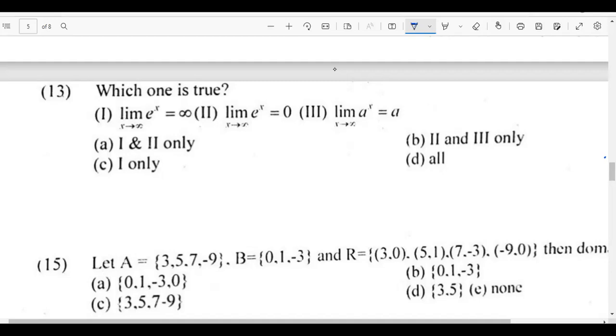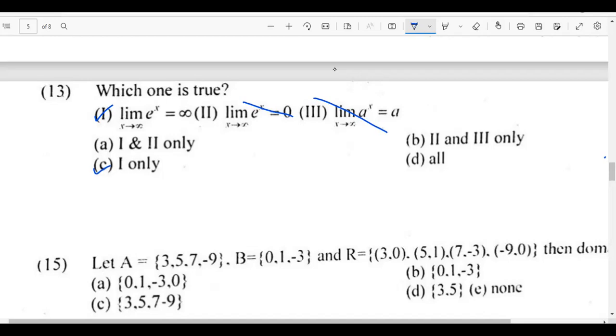One only. Very good. Excellent. This would be the answer. This is not true. This is obvious. And this is also not true because if you have a number a and you're putting infinity, that would not give you a. It depends obviously on the number, but generally it would not be true. So that is why it has one only.